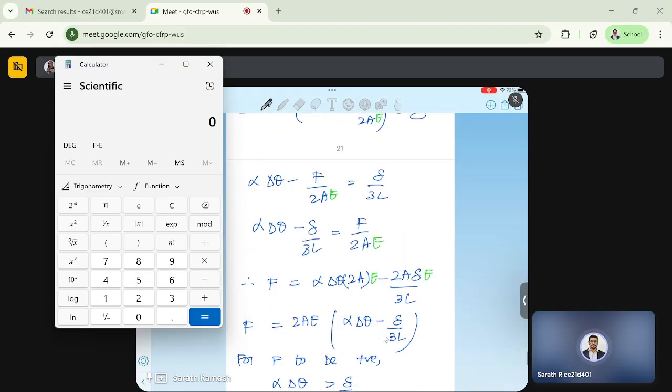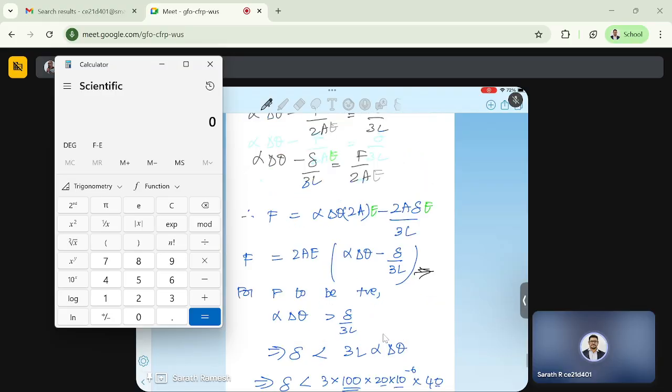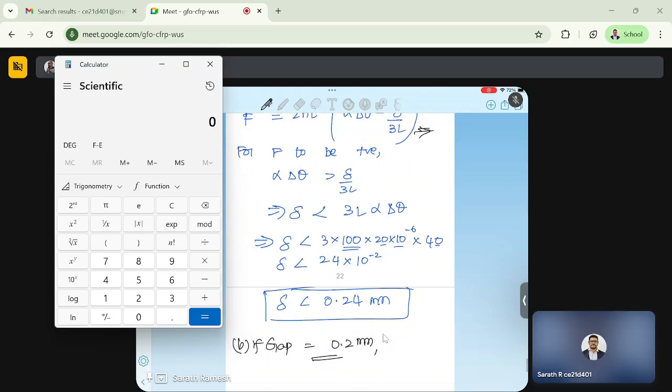What are the stresses induced? Directly we will find this force, and once we find the force, we can find the stresses, right?